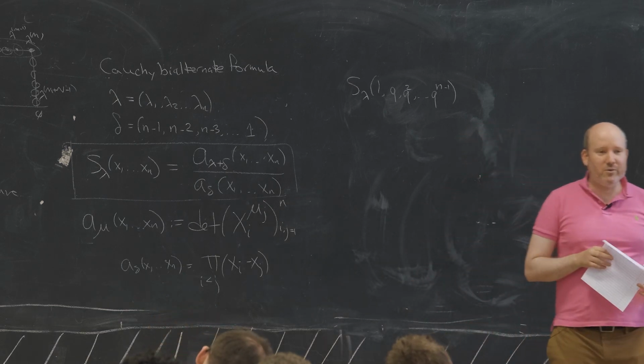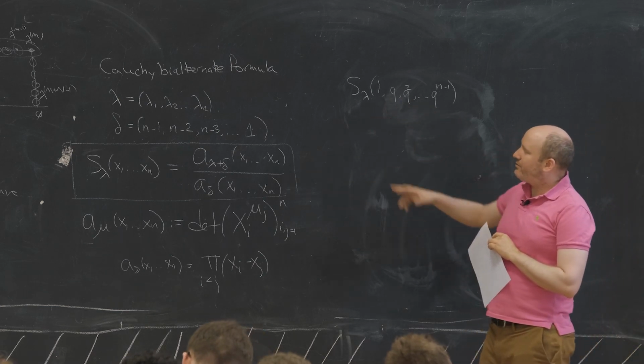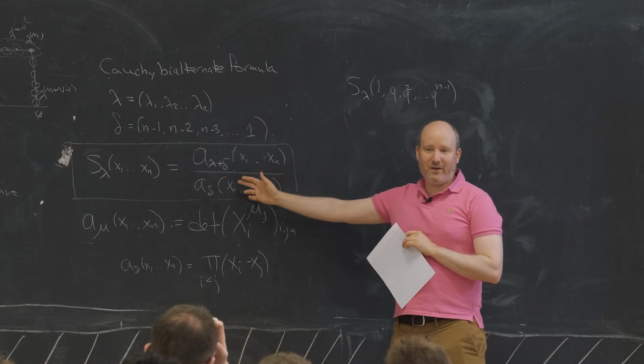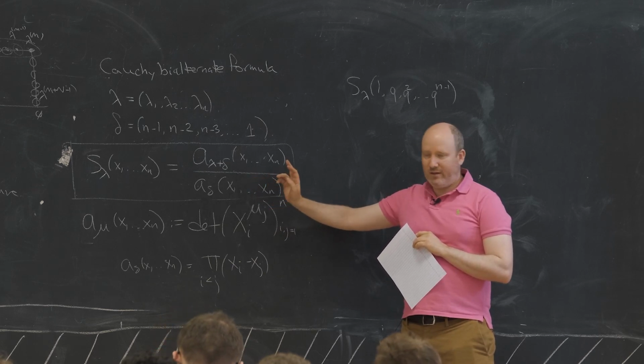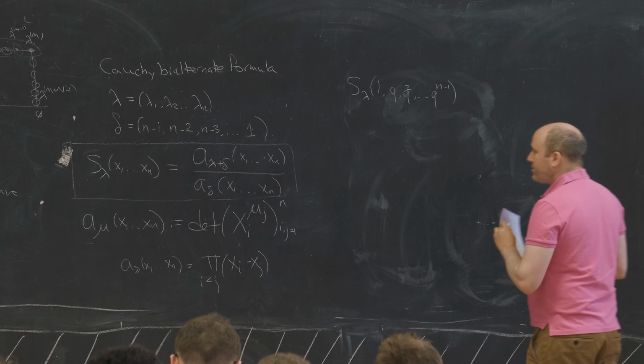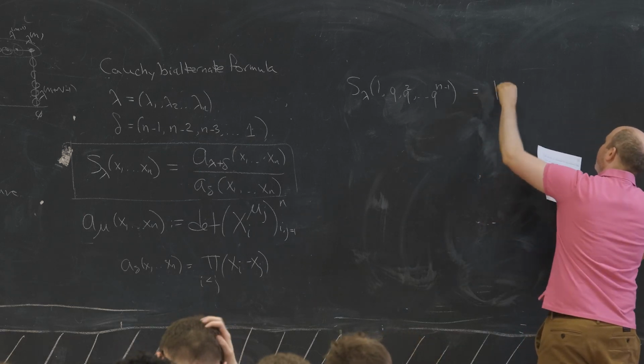What's the point of doing this? Well, it turns out that when you do this, it's much, much easier to evaluate this ratio, and you get the following compelling formula.